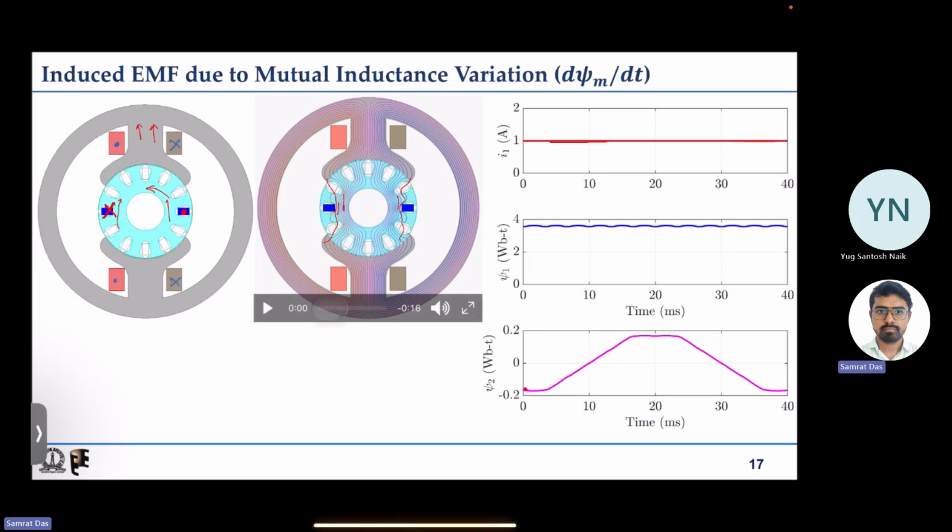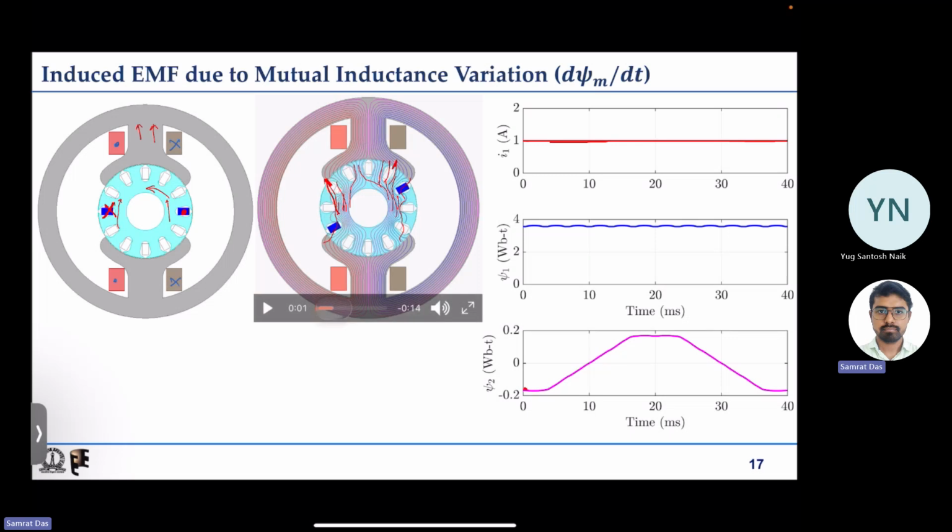Now if I go a little ahead, say here, all the flux lines that are flowing like this and flowing like this are linking the coil.